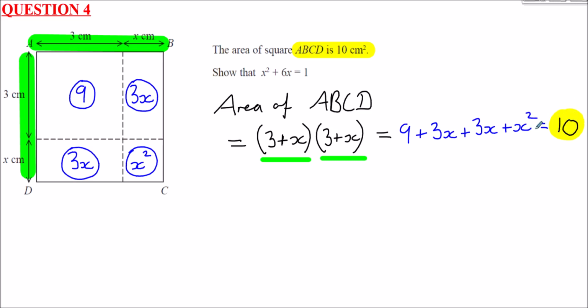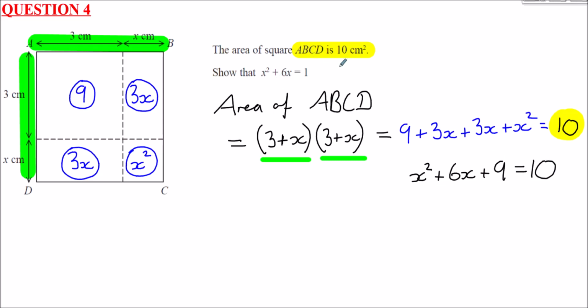Next, what we could really do with doing is simplifying this. So how many x squareds do we have? Well, we've got 1x squared. How many normal x's do we have? We've got 3 x's here, plus another 3 x's there. We've got a total of 6 normal x's, plus 9 units equals 10. Now, our target is to show this is true, so we want to get rid of that 9.